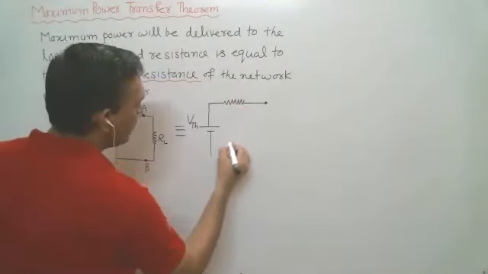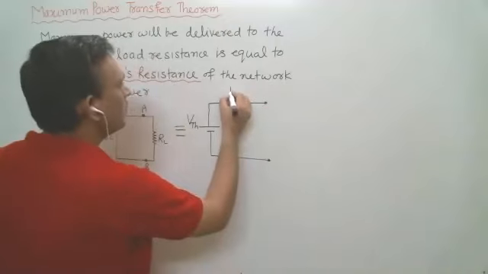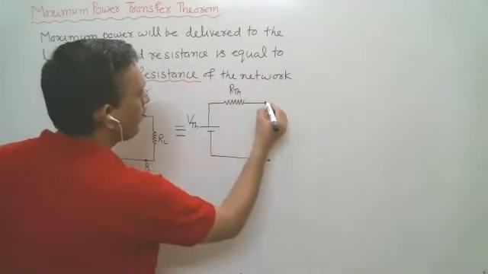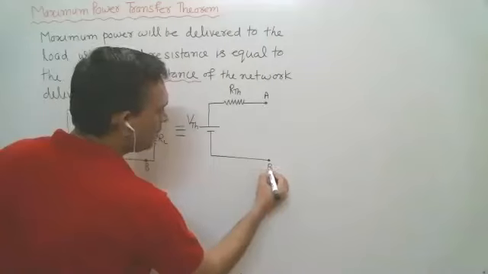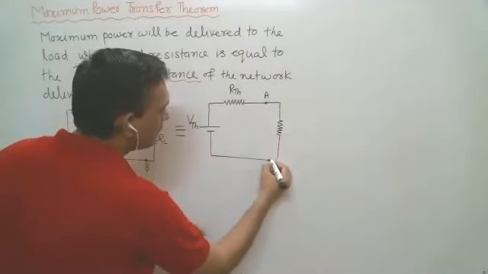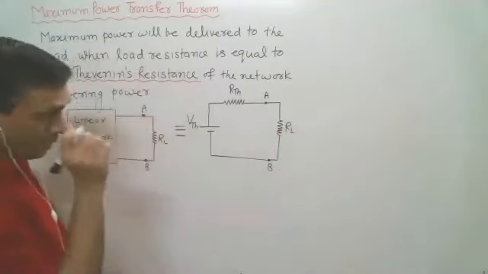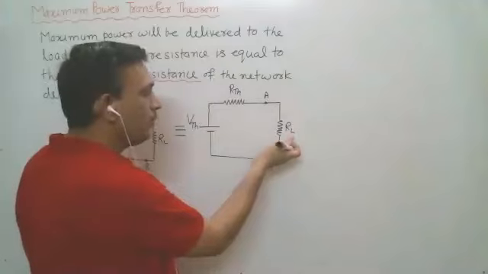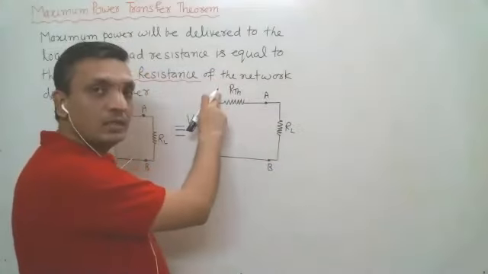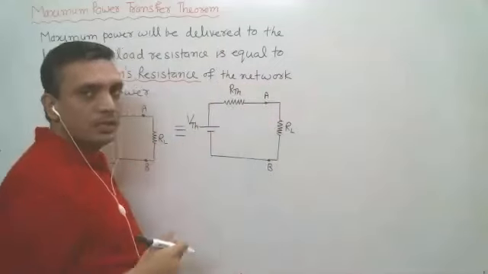You can easily convert into a single loop. This point is A and this point is B, and the load is connected. So you will see when load resistance is equal to the Thevenin's resistance of the network, then maximum power will be delivered to the load.